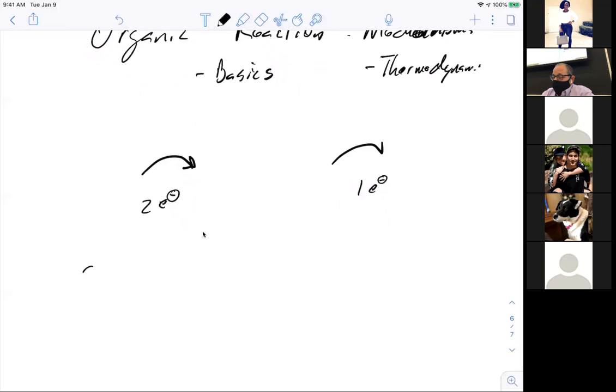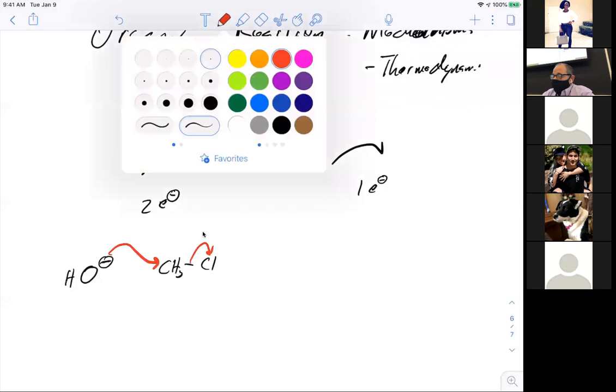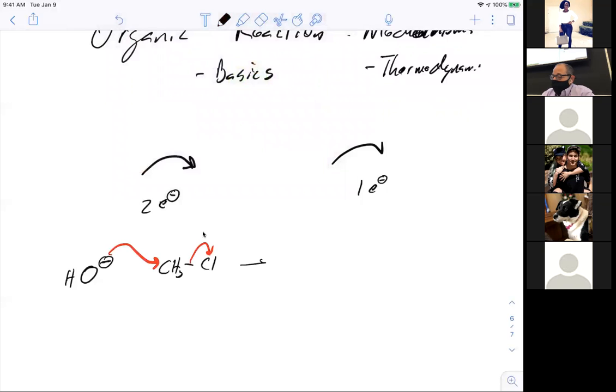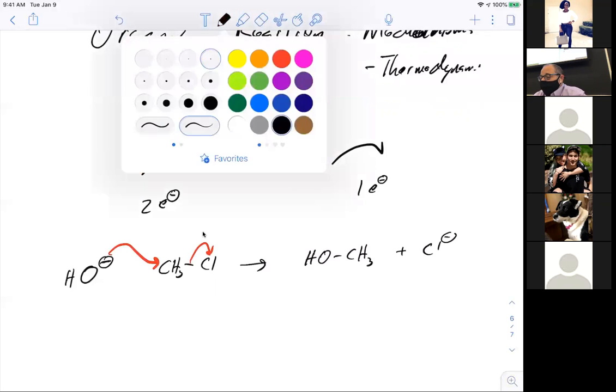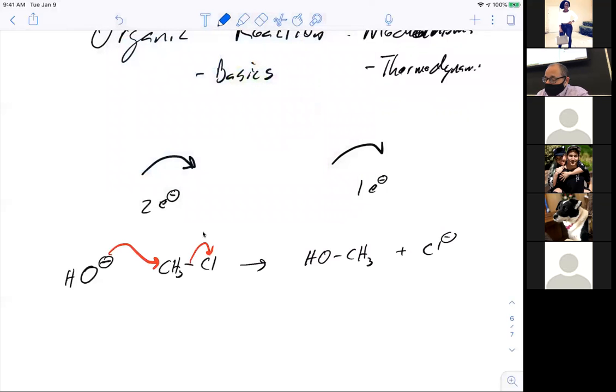So if I had something like this, I'm moving 2 electrons in this process. I'm also saying some important things.